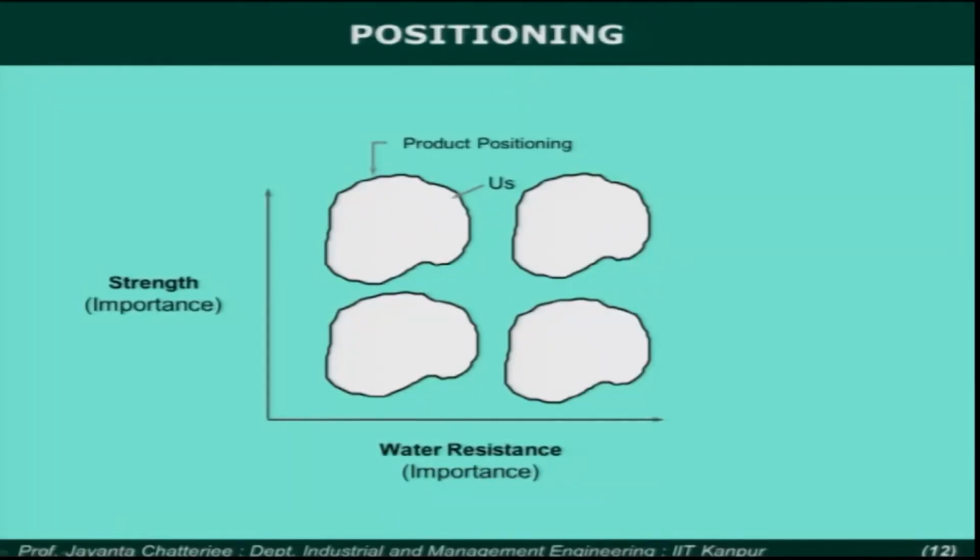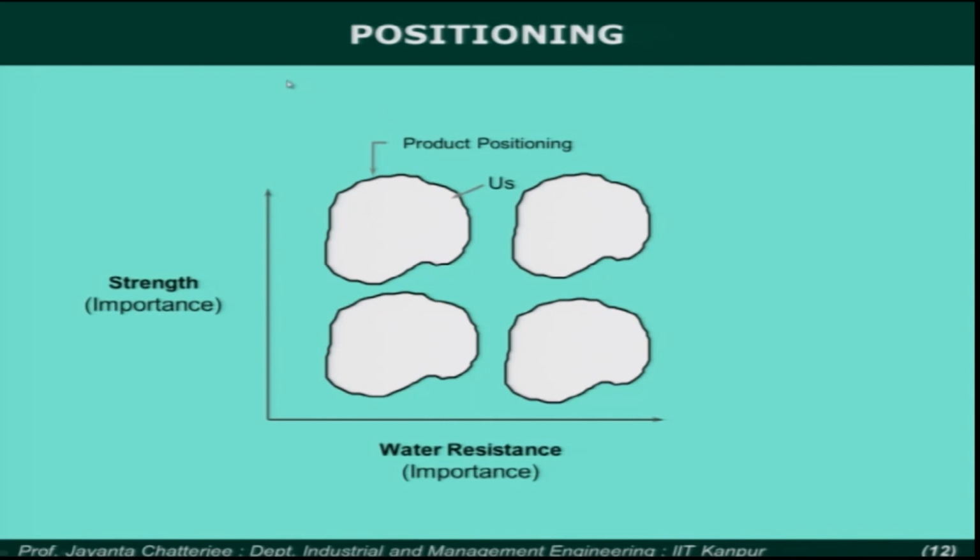You will perhaps start here, as you see, lower on water resistance but very high on strength. Suppose this is carpet fiber to be used for hotel reception areas or institutional usage areas, where moisture is not an issue, but strength and durability is an issue.